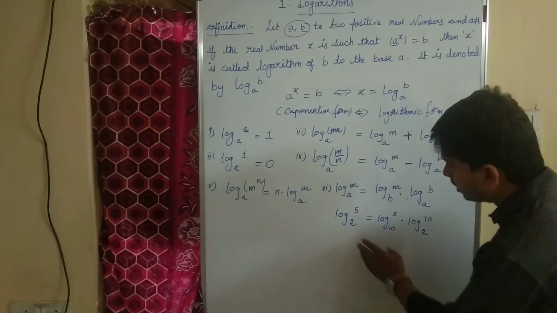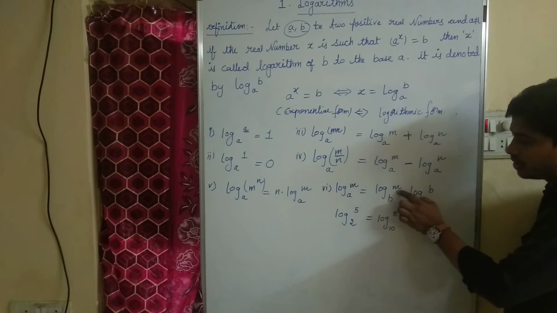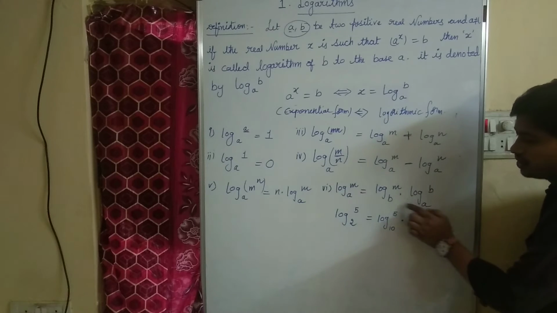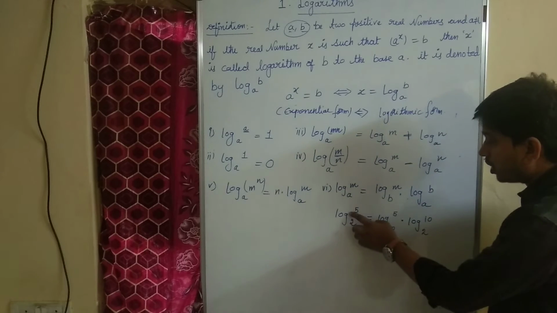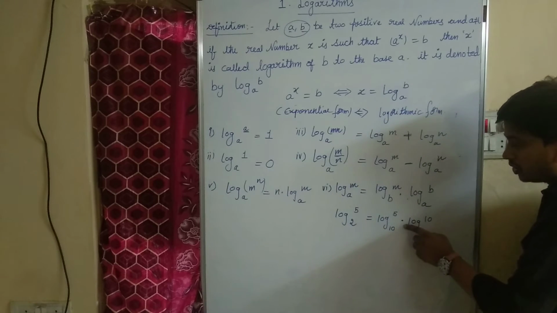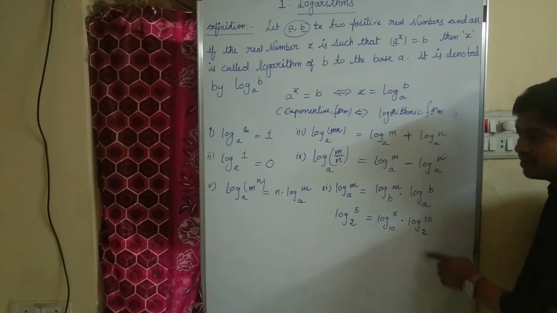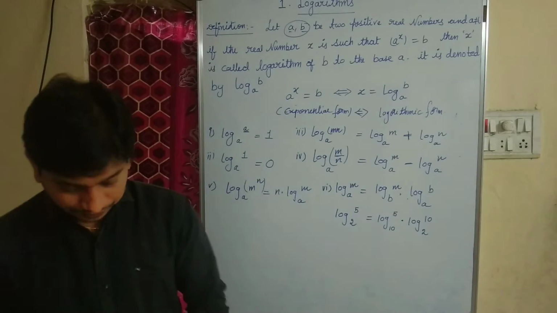Children, are you understanding here? Log m to the base a, I can write as log m to the base b into log b to the base a. Here the base is common logarithm, nothing but 10. Log 5 to the base 2, I can also write as log 5 to the base 10 into log 10 to the base 2. This is our sixth law of exponent, right?